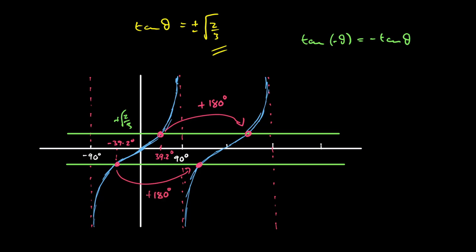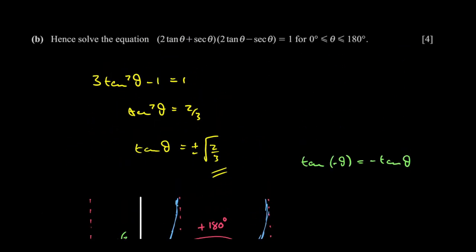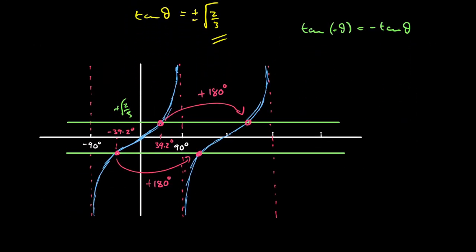Okay, so I want to get solutions which are between 0 and 180, so that's 180 there. So I want to get these two solutions. The first solution we know, theta is equal to 39.2. But the second solution is going to be negative 39.2 plus 180, and that's going to be 140.8. So those will be the two solutions to my equation.